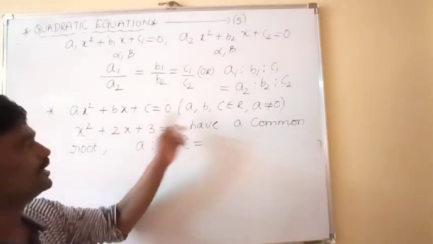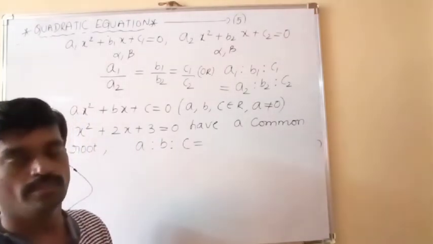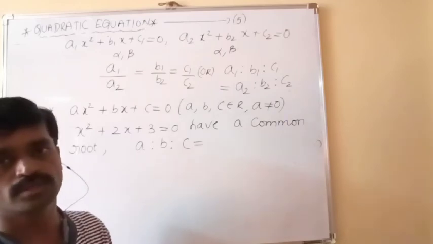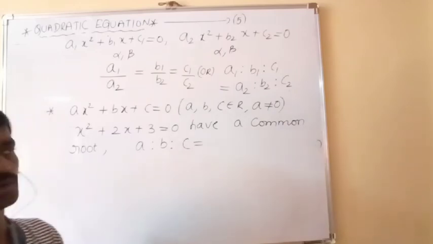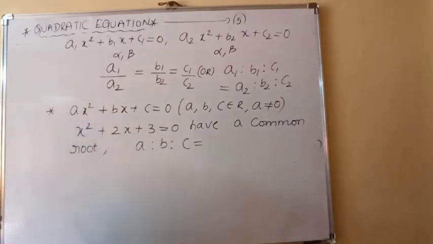If a, b, c are real, that means if the coefficients of the quadratic equation are real, then imaginary or complex roots occur in conjugate pairs. Given here, these two quadratic equations have a root in common.